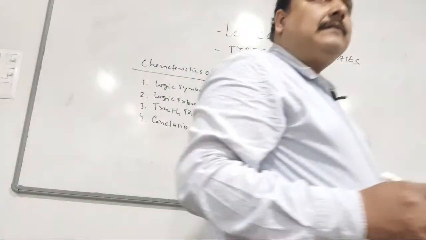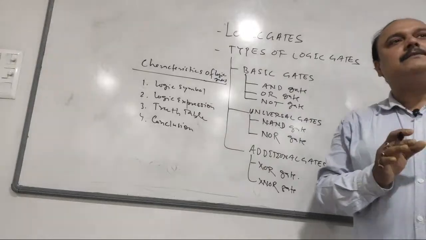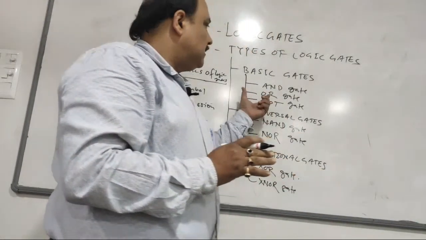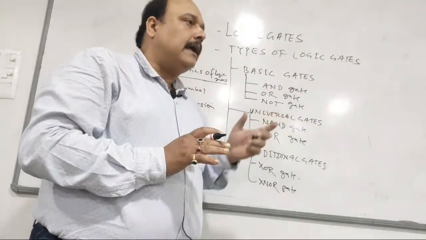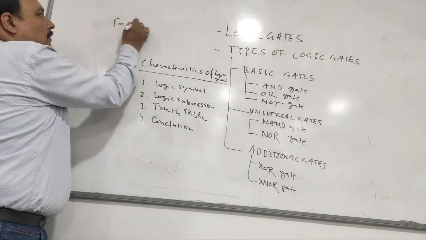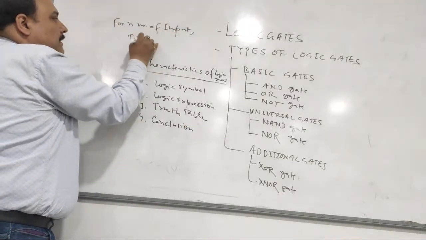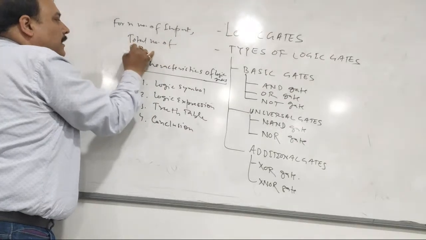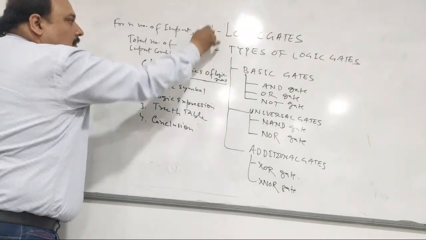Earlier in the previous class, we already discussed the way to generate the input combination. Whenever we are generating input, we are generating the input row combination on the basis of the number of inputs we have. We already discussed that for n number of inputs, the total number of input combinations is 2 to the power n.